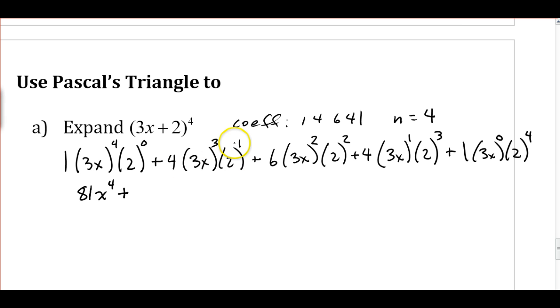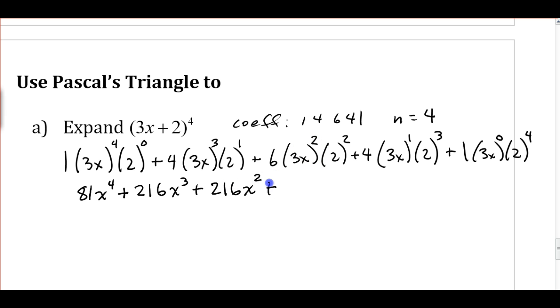Then I'm going to multiply it by 2. So I get 216, and then x cubed. And then for my next one, I have 6 times 3 squared times 2 squared. So that's 6 times 9 times 4, which is also 216. And then x squared is what's left there.